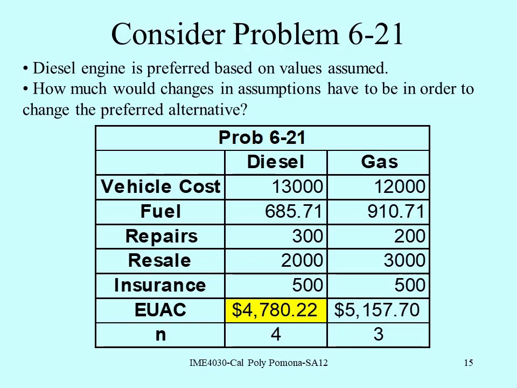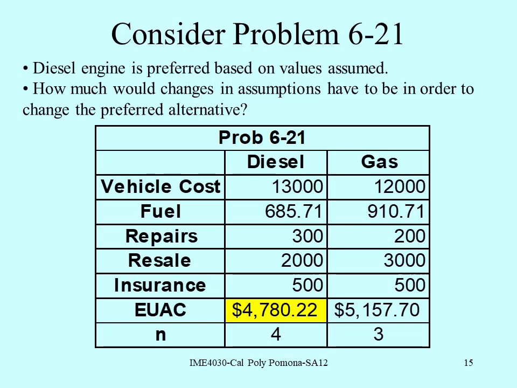And with the data given, the EUAC is calculated for both the diesel engine alternative and the gas engine alternative, and if you're trying to minimize the present worth of cost, the diesel alternative looks best because it has an EUAC of 4,780 compared to an EUAC of 5,157.